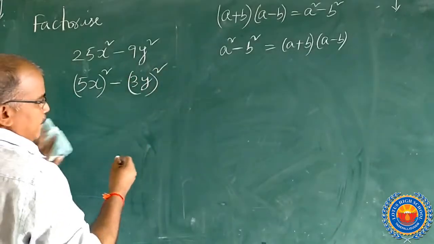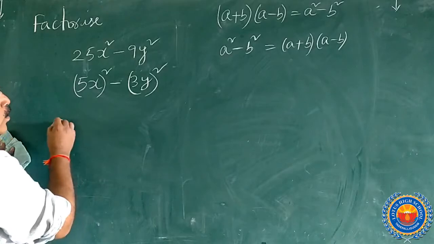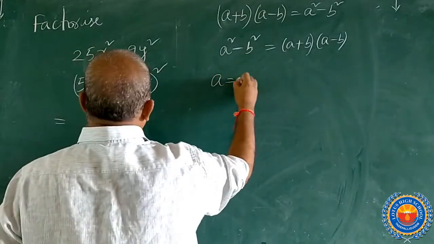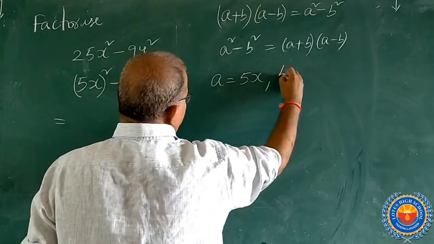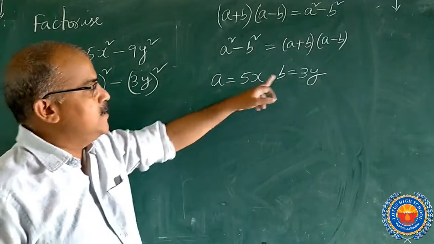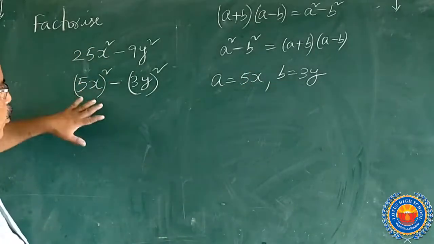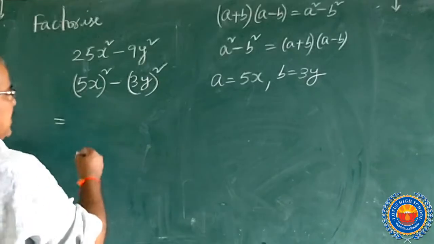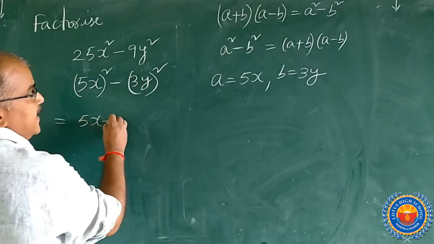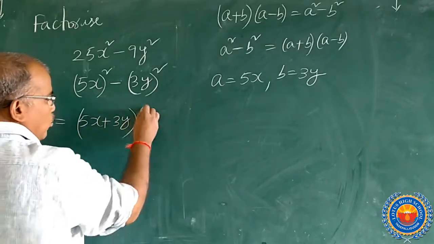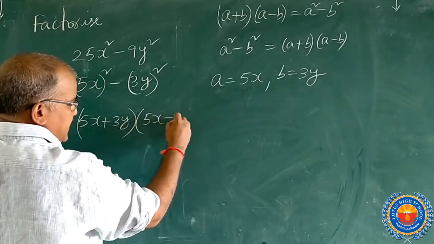This is nothing but a square minus b square, with a as 5x and b as 3y. Now using the a square minus b square formula, a plus b into a minus b, the answer is 5x plus 3y into 5x minus 3y.